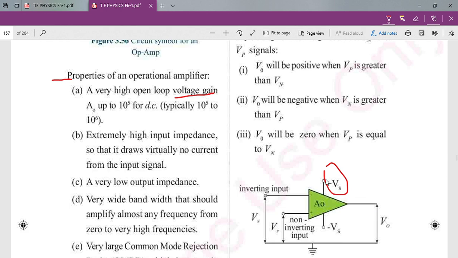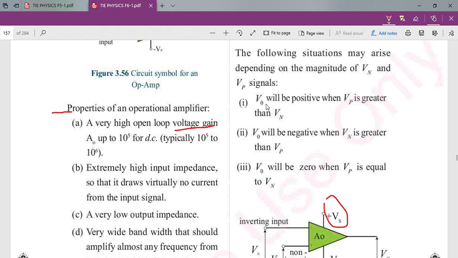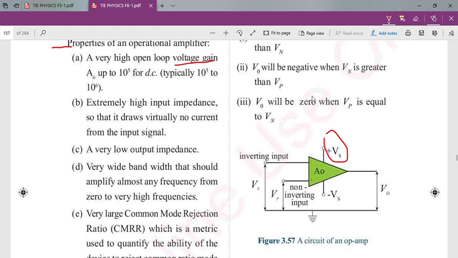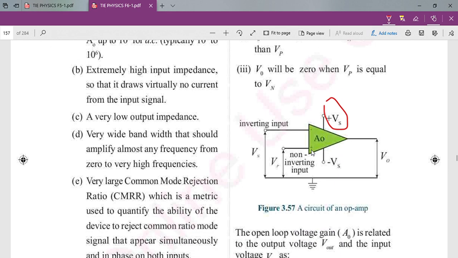VO will be positive when VP is greater than VN, where this is voltage P and this is voltage N. Also, VO will be negative when VN is greater than VP. So you can observe here, this is positive and this is negative.